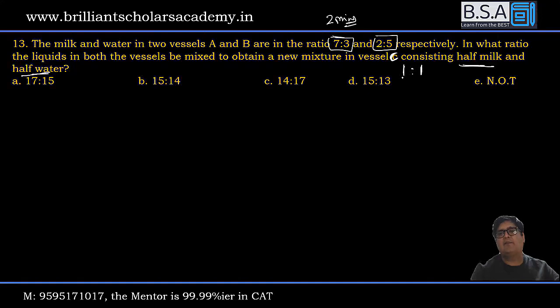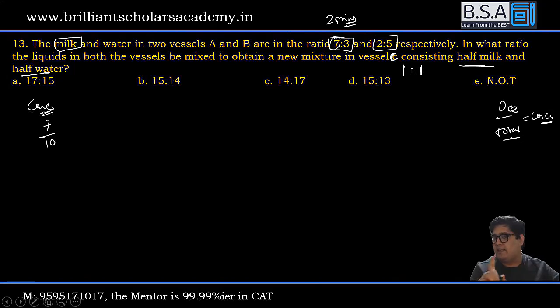Now here, you can work with concentration, always concentration. If I work with milk, observe, milk is how many parts? 7 parts out of total. Desired quantity upon total volume is the definition of concentration.